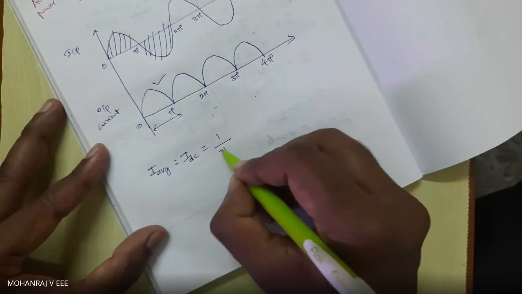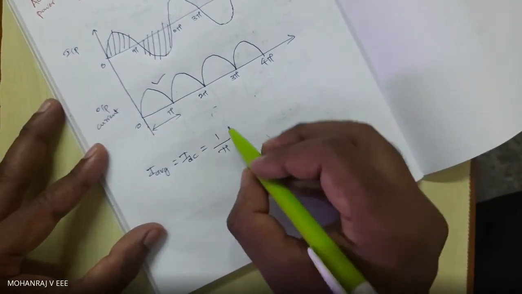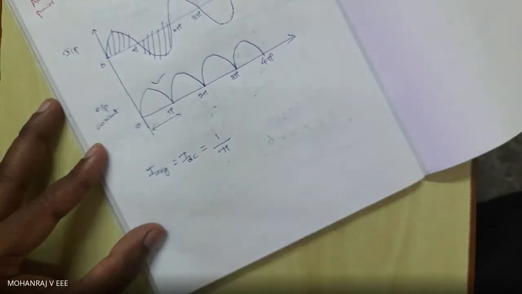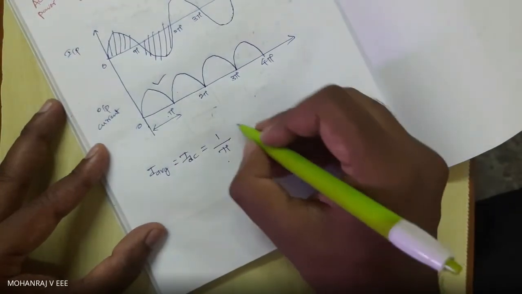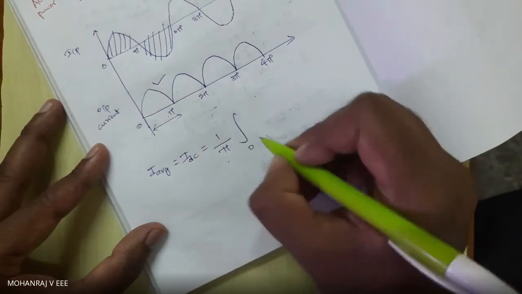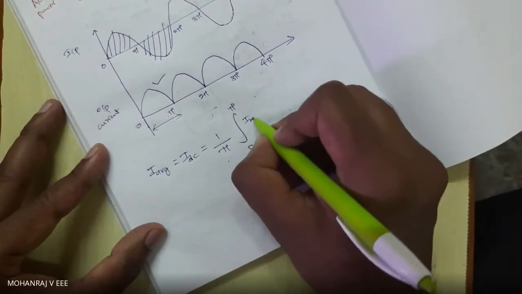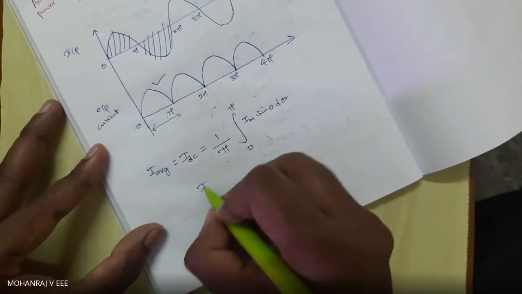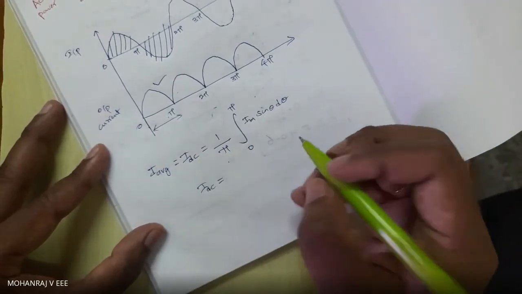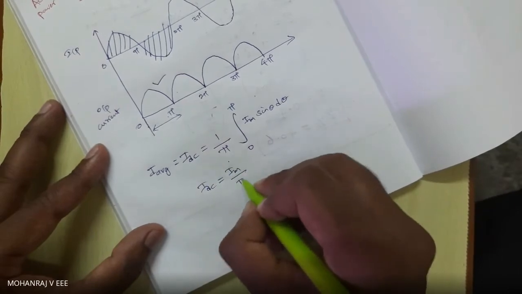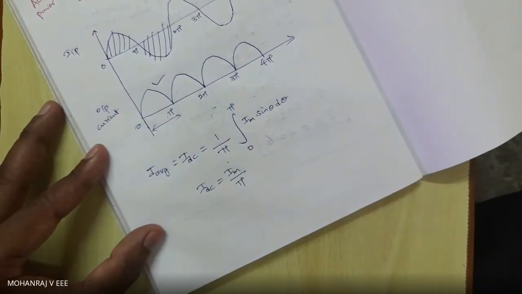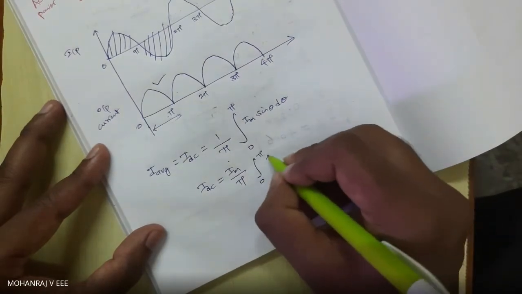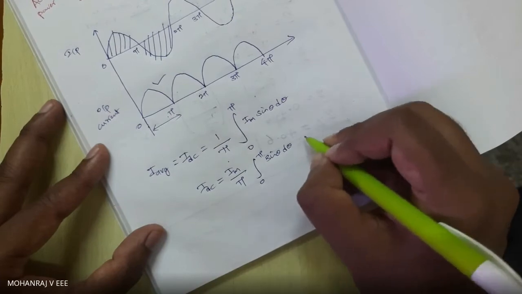So 1 by time period, area divided by time period. What is the area? Area is integral 0 to pi Im sin theta d theta. So from this, my IDC is equal to Im by pi integral 0 to pi sin theta d theta.